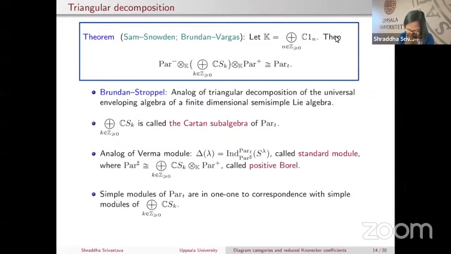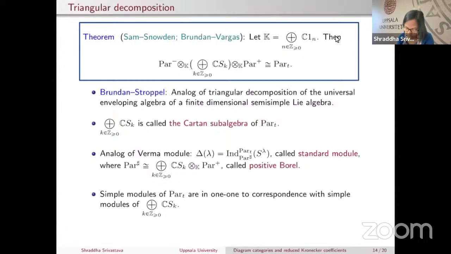So what they did is, we define something analogous to the positive Borel. Look at the Cartan subalgebra and tensor it with the positive roots. The simple modules of the Cartan subalgebra are given by partitions of all non-negative integers.